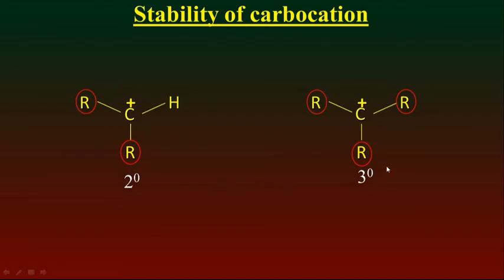So 3 degree carbocation is more stable than 2 degree carbocation. Reversely, we can say that 2 degree carbocation is less stable than 3 degree carbocation.